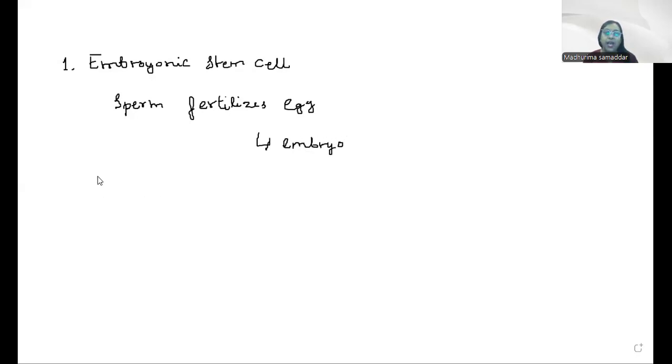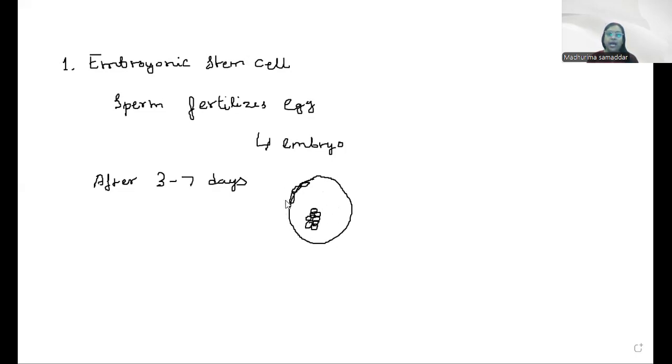So here, after 3 to 7 days of embryo formation, it will divide and ultimately you'll get a mass of cell. Okay, so this is the outer mass of cell. Like this, you can draw it. Okay, and inside also you get the cells. Okay, you have to draw and complete the whole to show the inner mass of the cell.